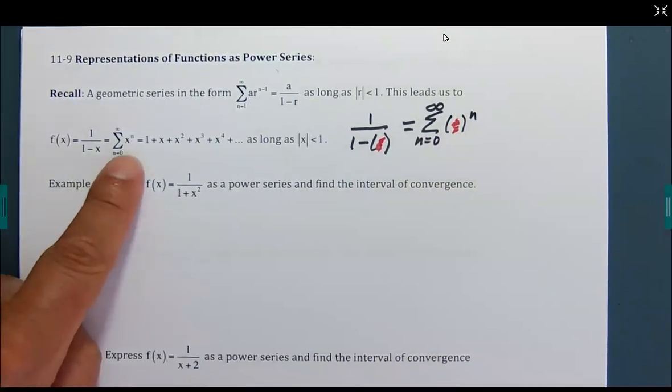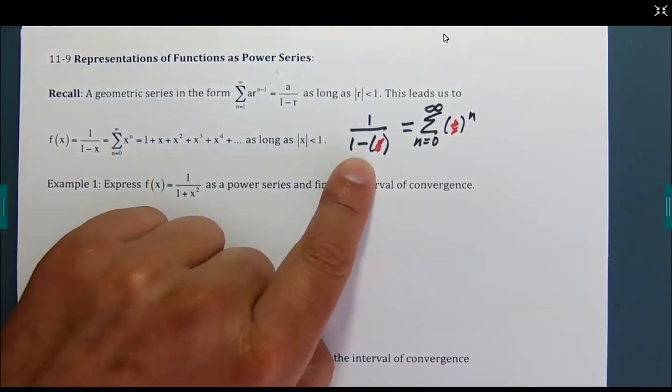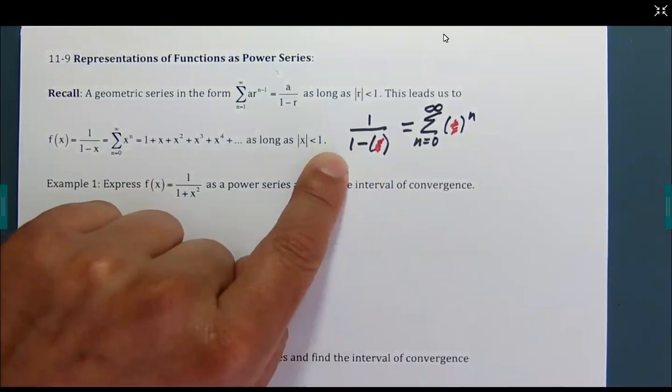So if it's just x, it's just x. Now, a couple things need to be true. It has to be minus. If it's not, we're going to have to do a trick to make it minus. And that has to be a 1.